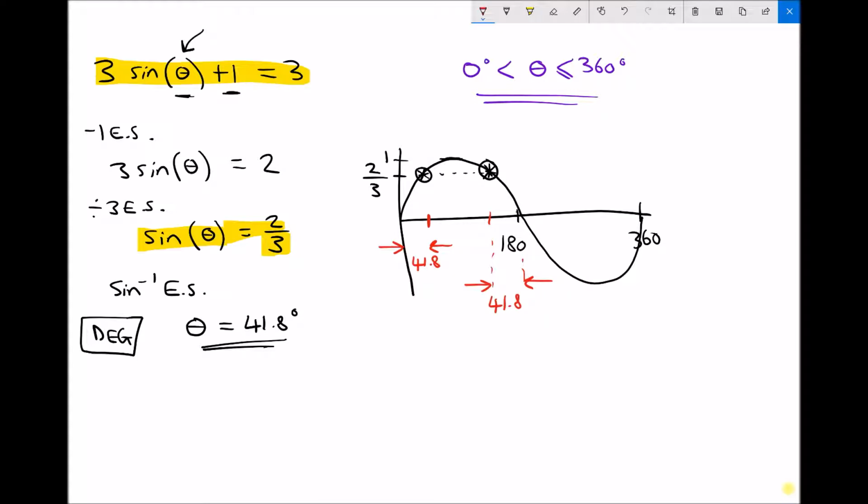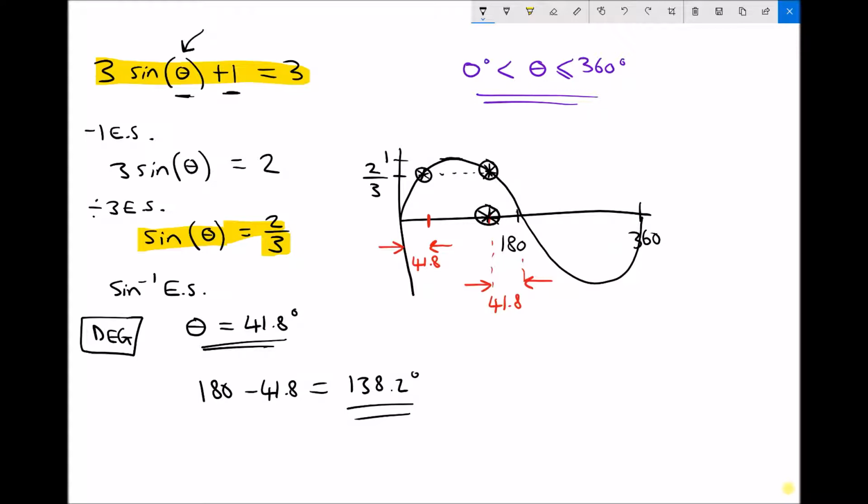We have a function that repeats itself. So the way that we'll find our second solution is relatively straightforward in this case. All we need to do is 180 degrees minus the 41.8, which equals 138.2 degrees. And that would be the value here on our x-axis or our theta line.